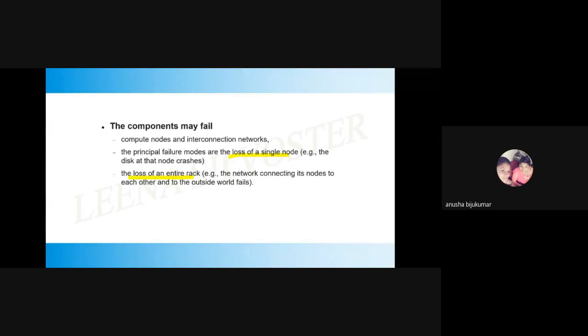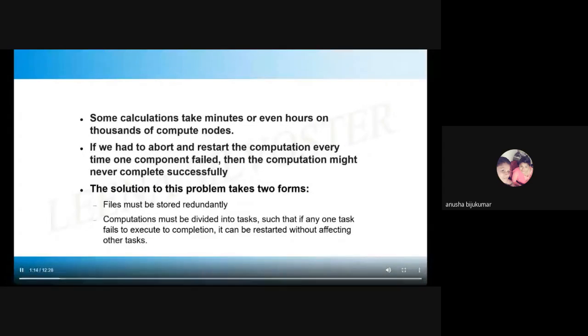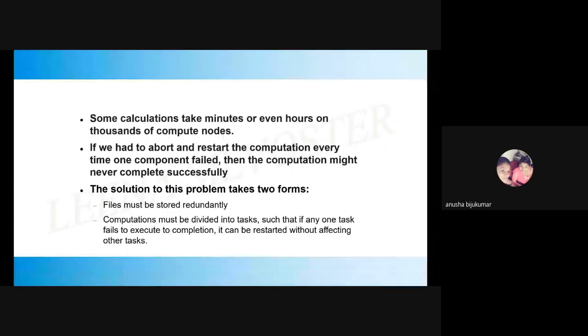Some calculations may take minutes or even hours on these thousands of compute nodes. So suppose one component fails during computation. Then we need to restart the whole system and the process may be repeated like that.